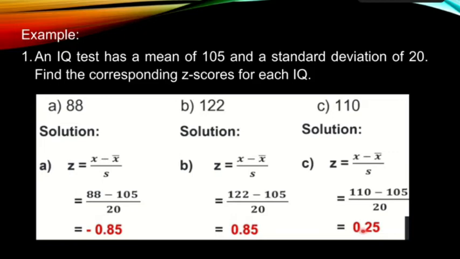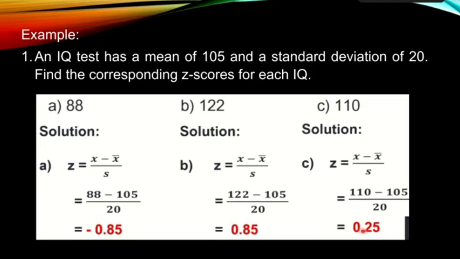So, letter A. As we begin to solve the problem, given na din po yung value. So, we have 88. As we solve, we have z-score equals 88 minus 105 divided by 20. The answer po is negative 0.85.